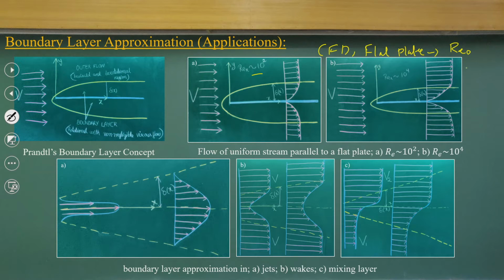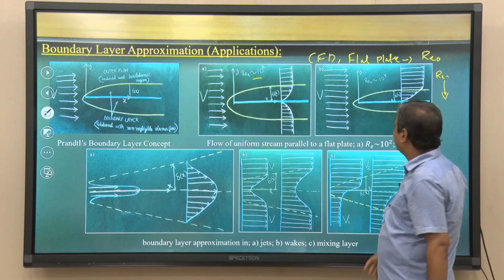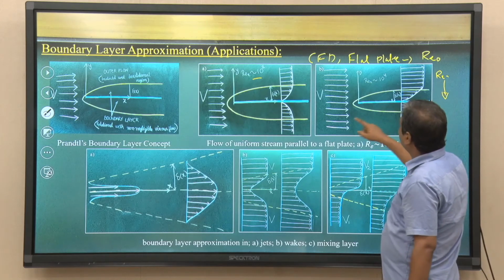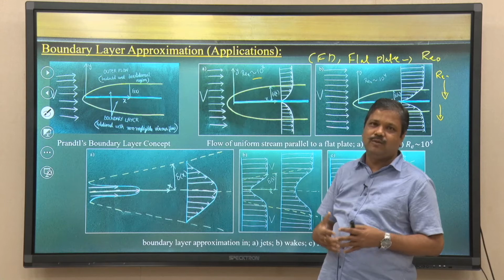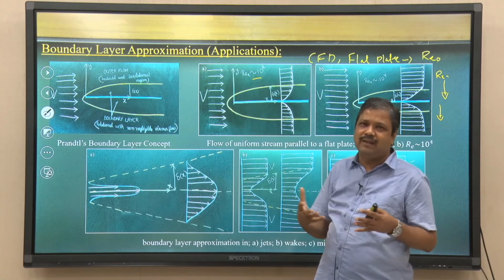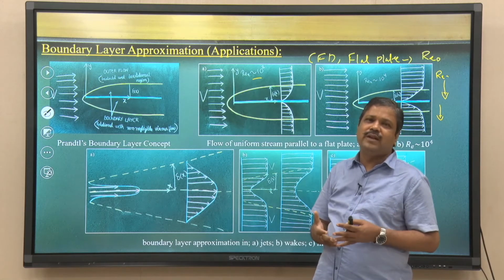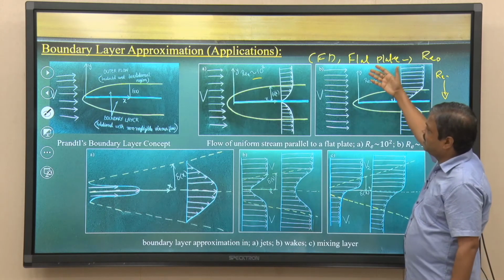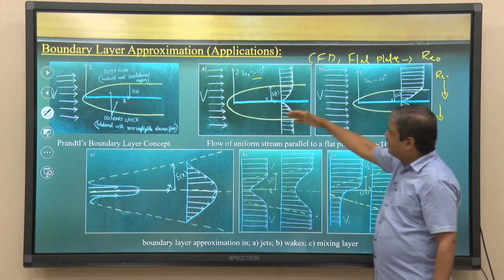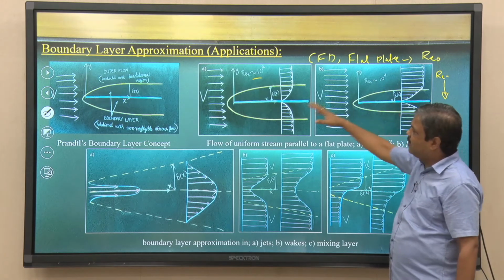As the Reynolds number increases, you can conceptually understand that the boundary layer thickness reduces. That means it will be thinner, maybe on the order of a few millimeters or a few centimeters. You can do a CFD analysis, or you can conduct experiments in a wind tunnel.